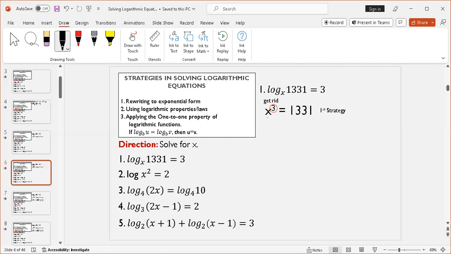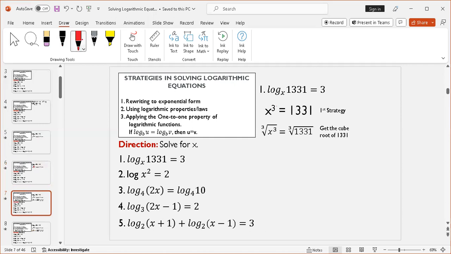To get rid of the exponent, we get the cube root of both sides. Okay? Kung ano yung exponent ng x, yan din yung magiging index ng radical. Okay, so since yung exponent ni x ay 3, yung index ng radical natin ay 3 also.